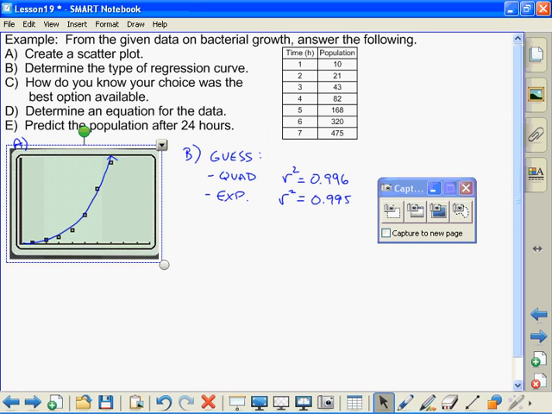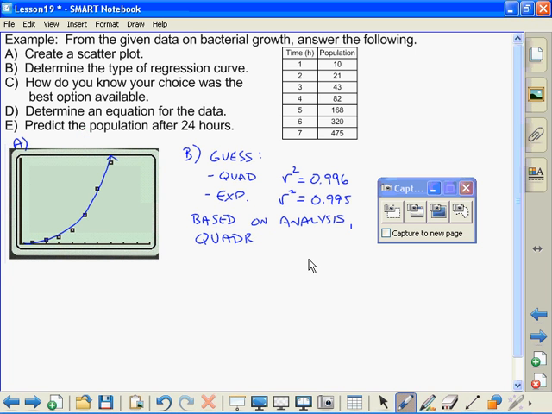So determine the type. Based on analysis, it would be quadratic regression, or quadratic function. All right. How do you know your choice was the best option available?